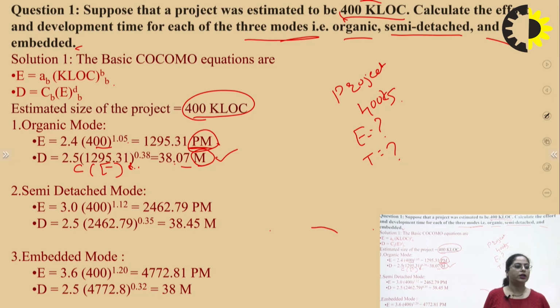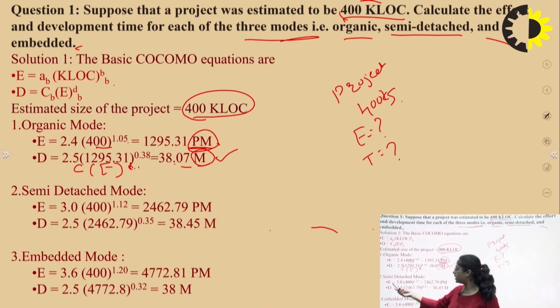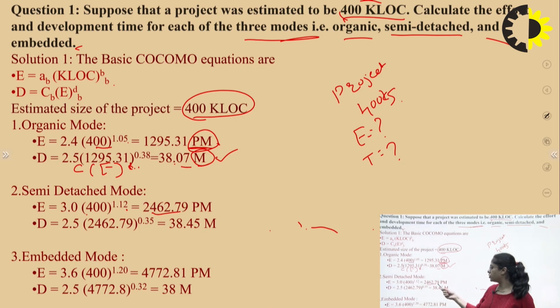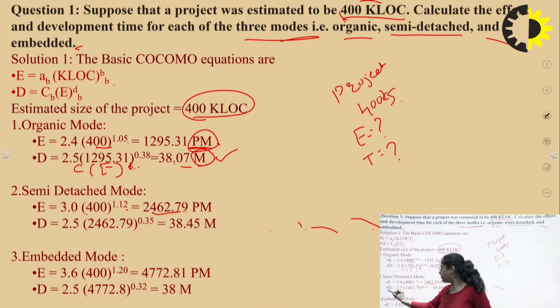Now for the semi-detached mode, similarly to the organic mode, we use the formula effort is A into KLOC to the power B. The value of A is 3.0, KLOC is 400, and 1.12 is the value of B for the semi-detached mode. We get an answer of 2462.79 person months.